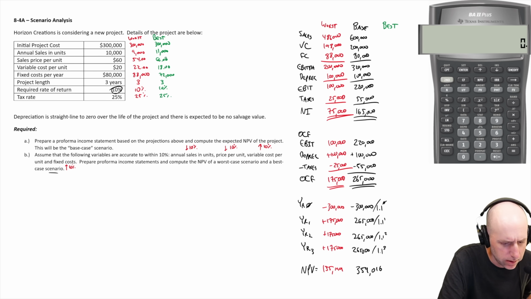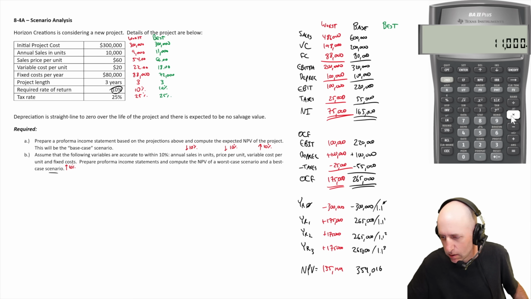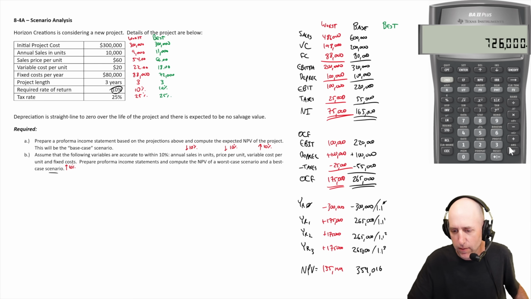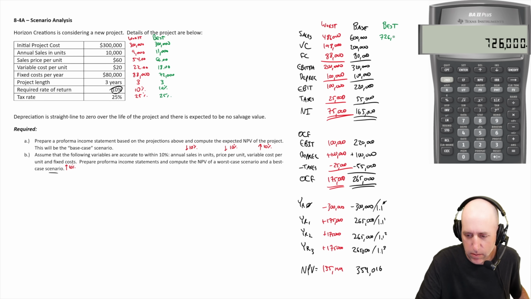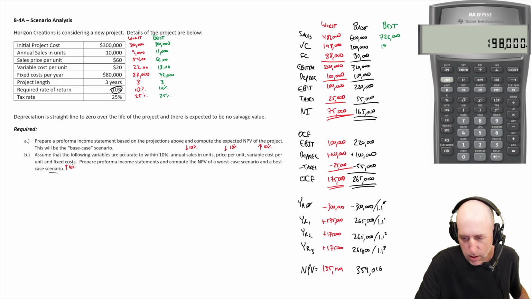So 11,000 times $66, $726,000 in revenue. Variable costs, 11,000 units times 18, 198,000.